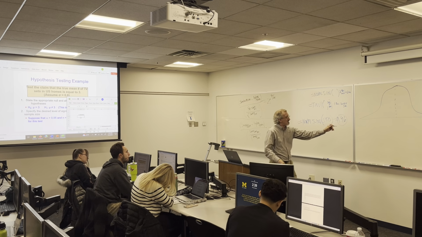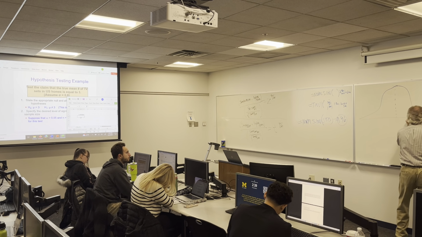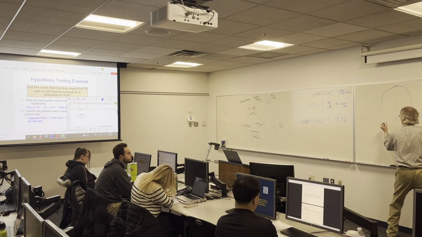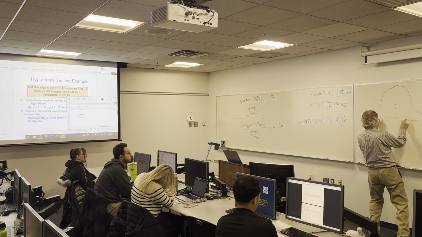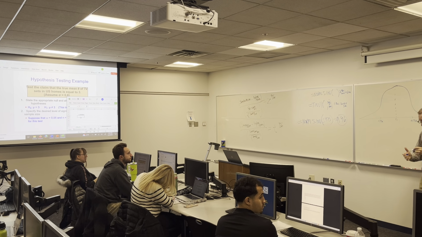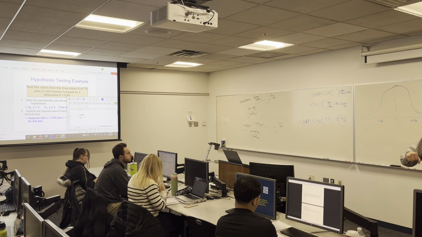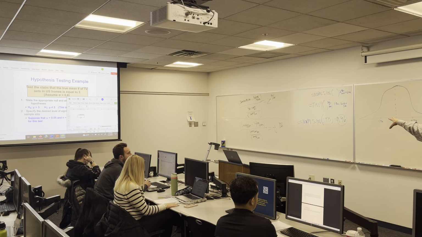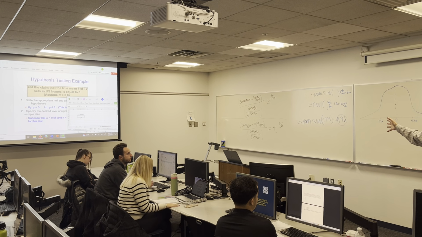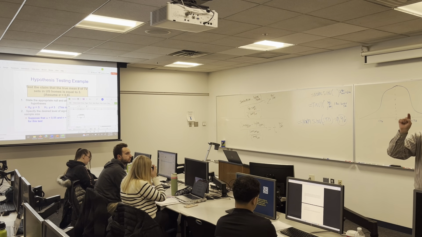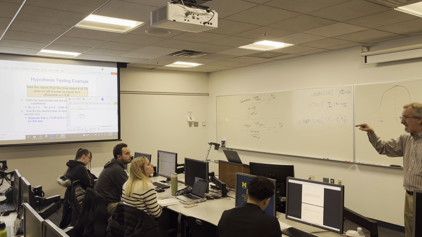Look at this bell curve. Hypothetically, let's pretend this is plus 1.96 over here. Here's your 0. So let me go equal distance here. Here's your negative 1.96. There they are. Let me say this again. When you calculate your critical value using the critical value approach, it's just like we did when the confidence intervals find the critical value. But the difference now is you're comparing your test statistic to the critical value.